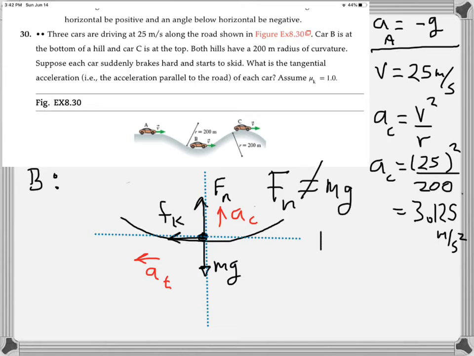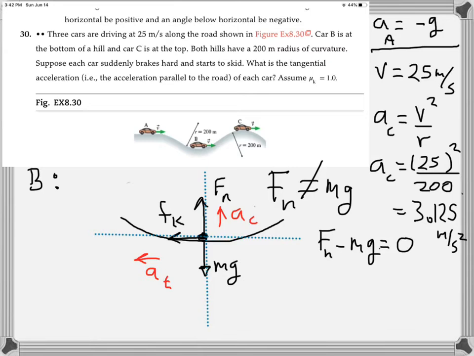So notice that the normal force is not going to be equal to the weight of the car. If the normal force was equal to the weight of the car, then what would be the vertical acceleration? It would be 0. That would make it impossible for car B to move in a circle.